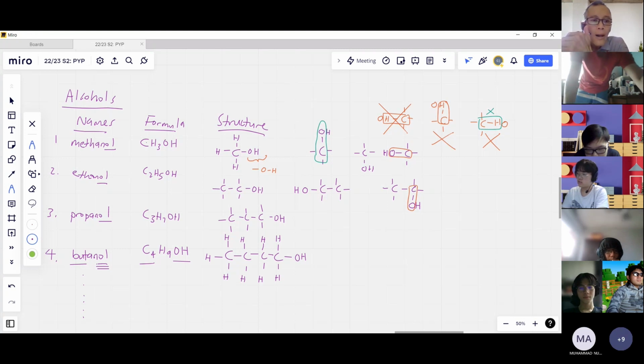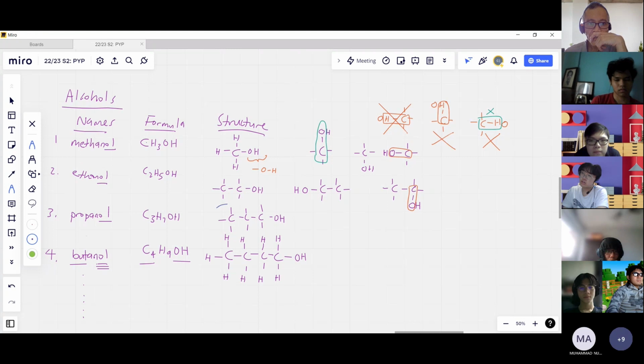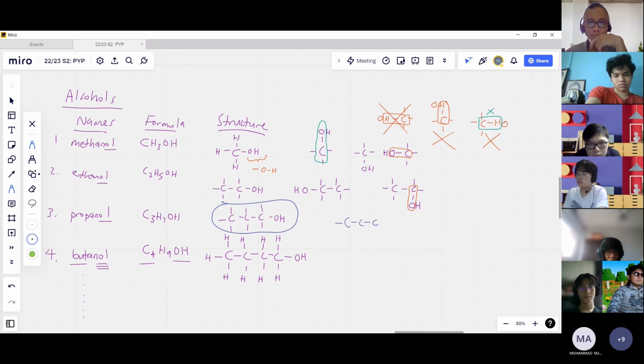Questions, anyone? No? If not, let's take a look at this propanol. This was the structure we had earlier. What if I draw this? Is it the same?